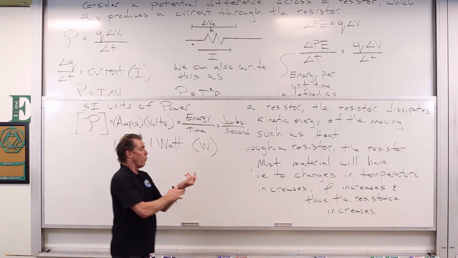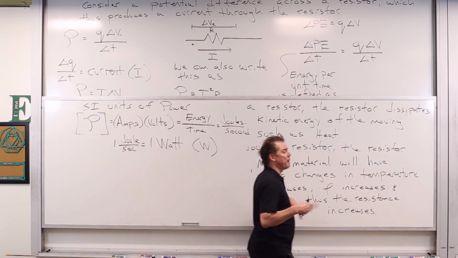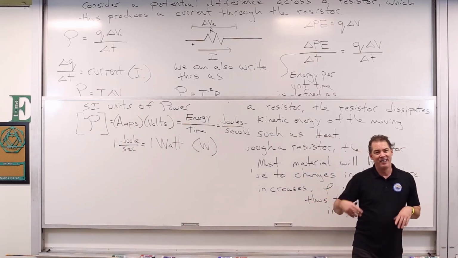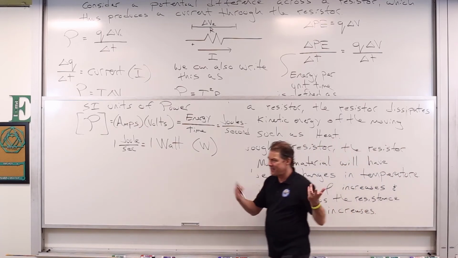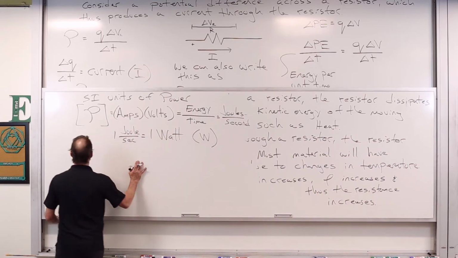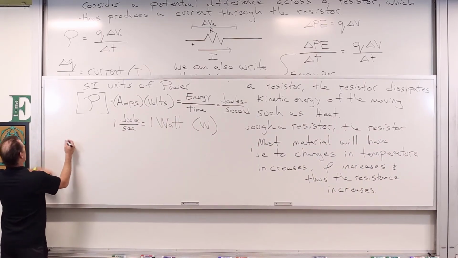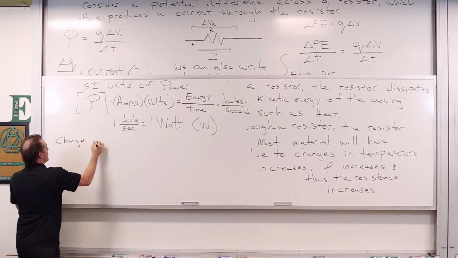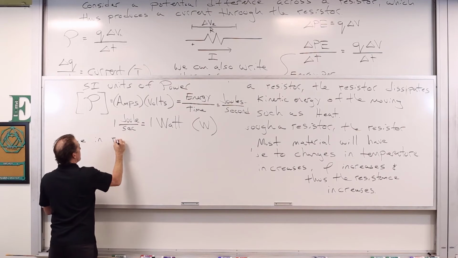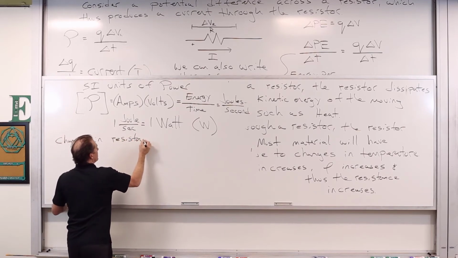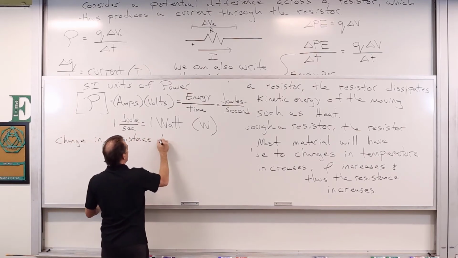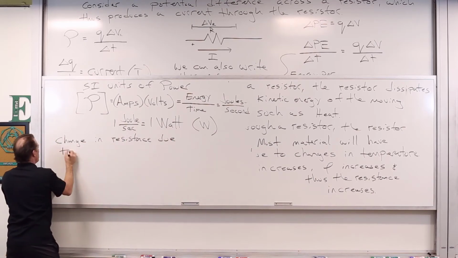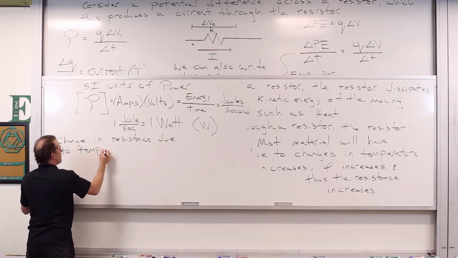So there is what is known as the temperature dependence of resistivity, or temperature dependence of resistance. They're basically the same formalization. And we have this change in resistance due to temperature changes.